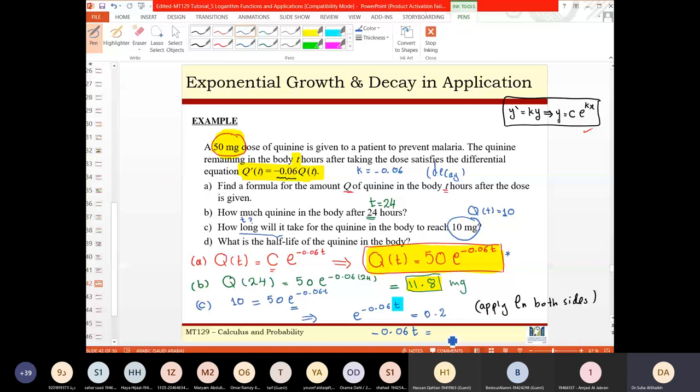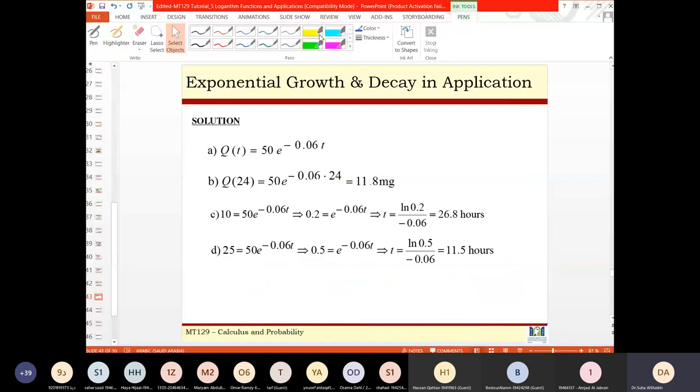Again, ln 0.2, you have to find it from the calculator. You divide by minus 0.06. You will get that T equals ln 0.2 divided by minus 0.06, which is equal to 26.8 hours.